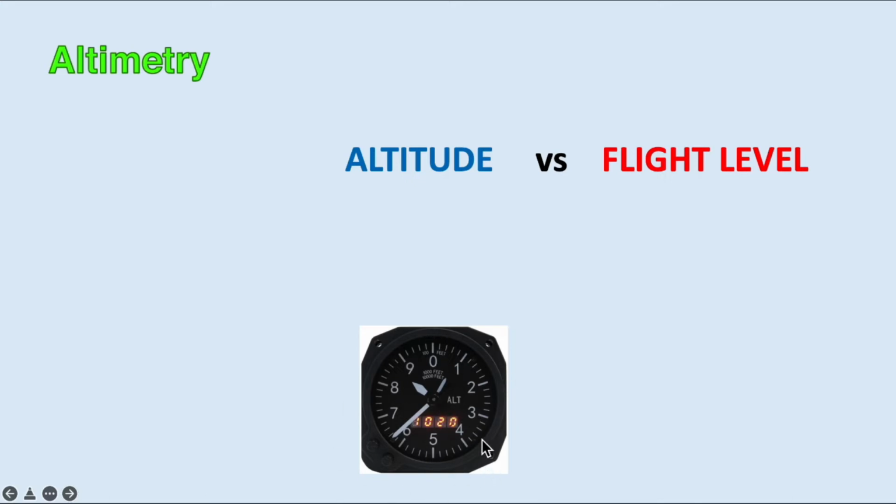This basically takes as a reference the pressure that is at sea level in one determined area. For example, in this area, the QNH, which is the actual pressure, is 1020. That means that it is 1020 hectopascals.